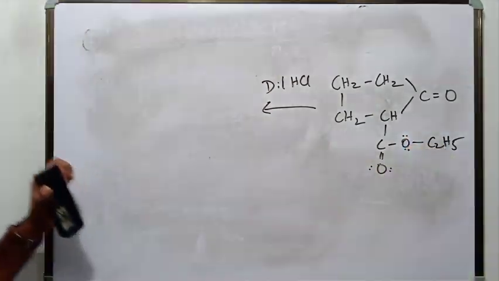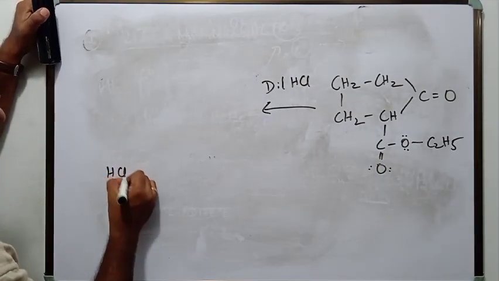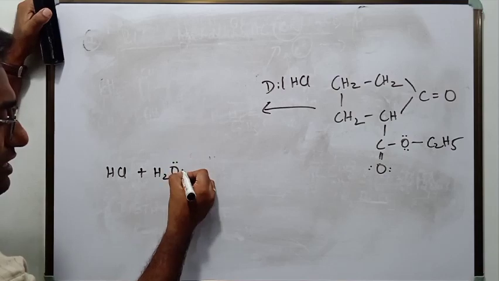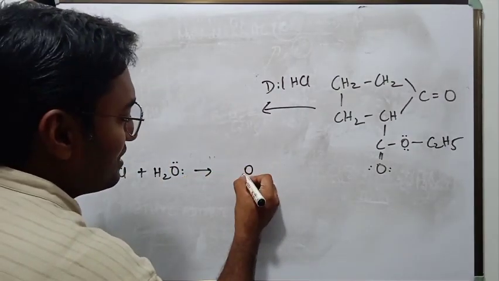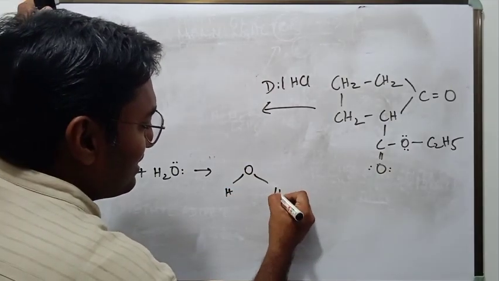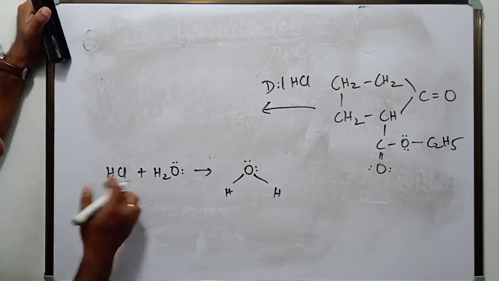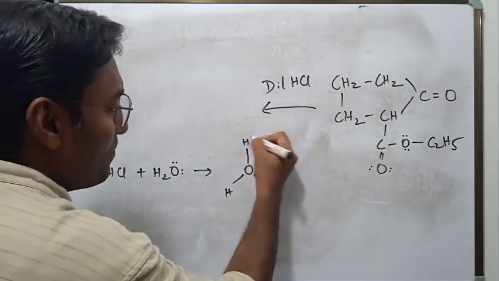Now what happens if I put dilute HCl? See, HCl plus water is what dilute HCl is. H plus would come out. The structure of water is like this. H plus would come out of this, and that H plus would take a lone pair of oxygen.